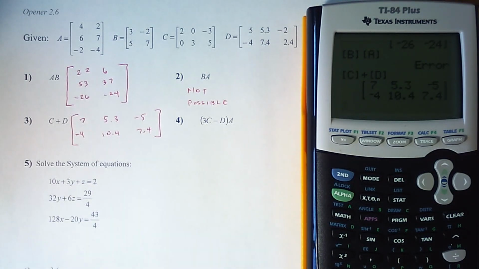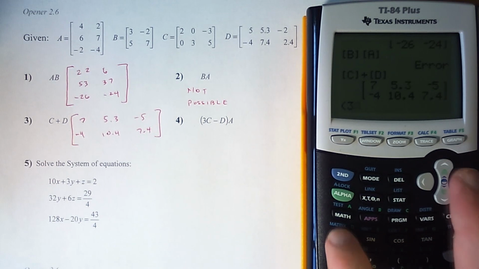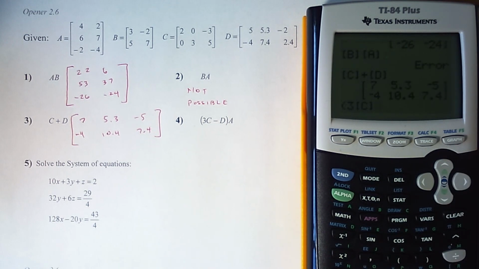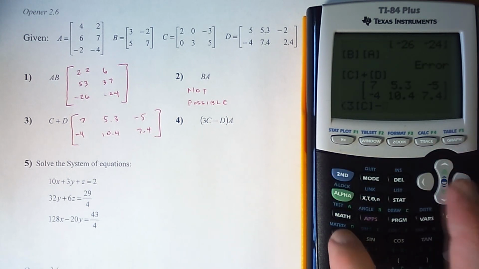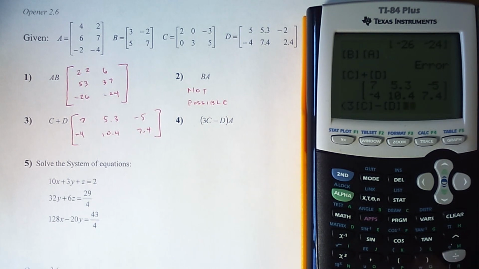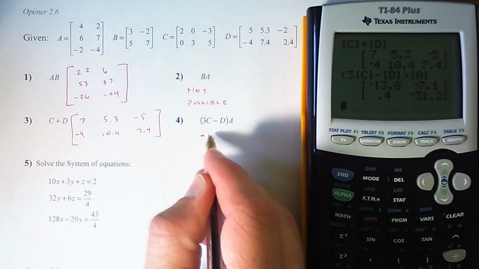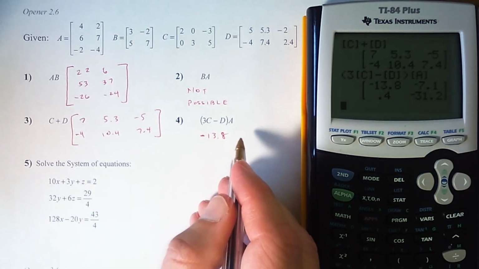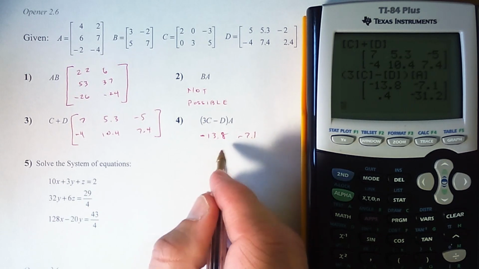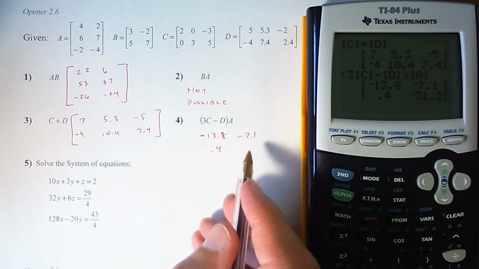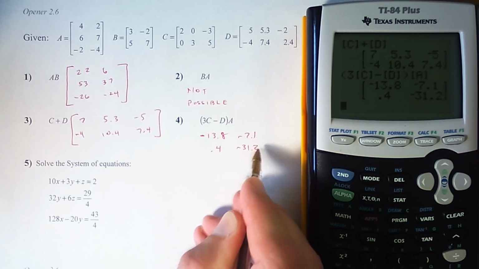And then parentheses, 3 times matrix C minus matrix D, close parentheses, times matrix A, negative 13.8, negative 7.1, 0.4, negative 31.2.